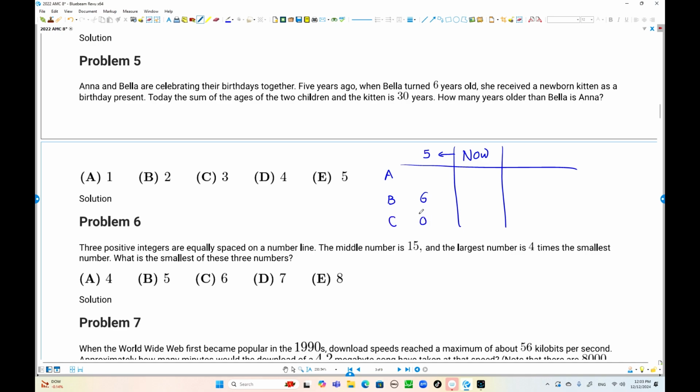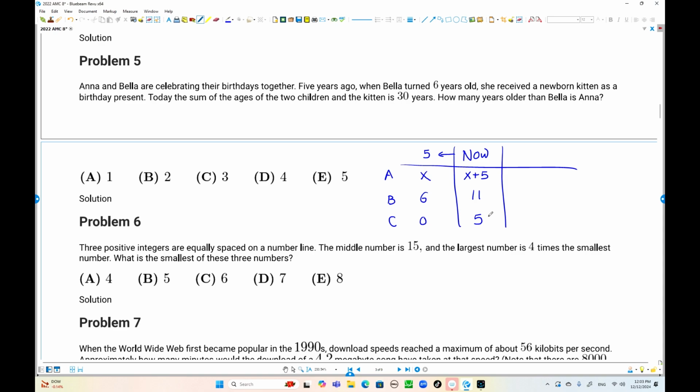So today's sum of ages is the two children and the kitten. If this is two children, if this is x, this is x plus 5, isn't it? Okay. Or this one is 6 plus 5, now 11 years old. So now the kitten is 5 years.